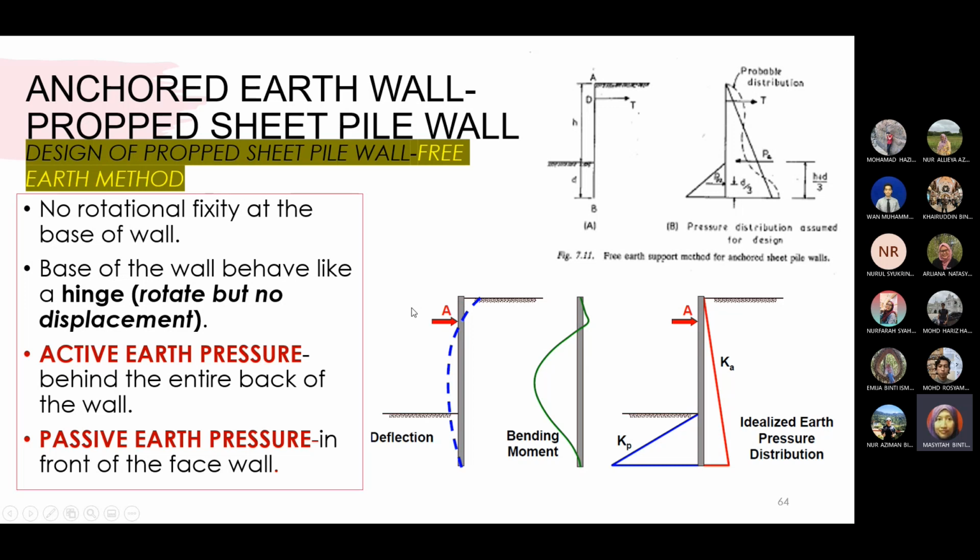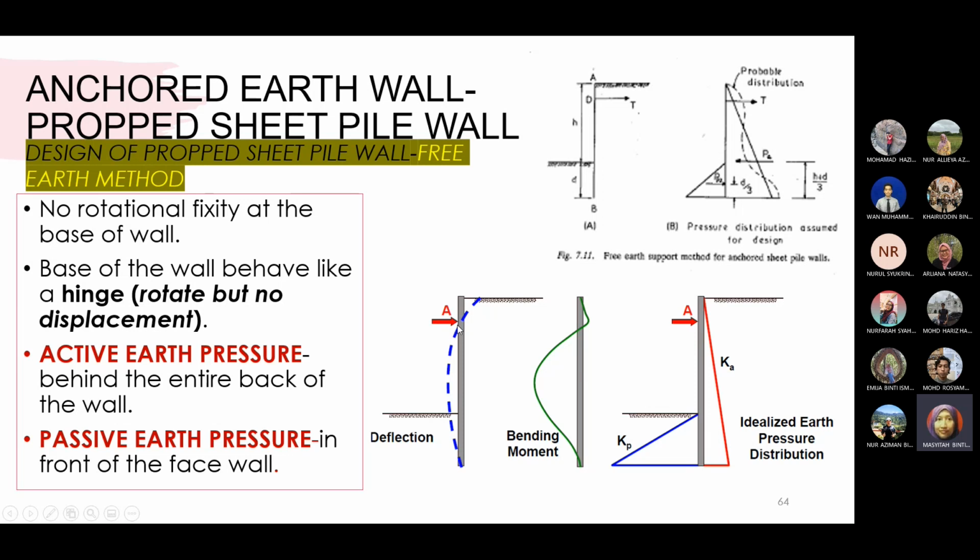Okay, this is the conditions yang mungkin boleh berlaku most of the failure untuk the anchor sheet pile wall. For example here, untuk free earth method, no rotational fixity at the base of wall. Maknanya dia tak akan berlakunya moment yang fix lah. At this time, the bending moment can produce from the base or from the toe of the wall. So when you apply the additional force here, external force as A, dia akan give you the deflections.